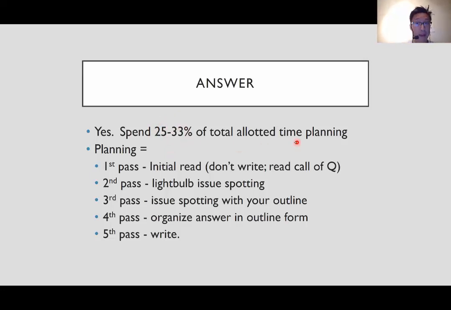Now, let me go back a second and be clear about how to do this. Very often you'll have a 3-hour exam, and the exam will be broken up into thirds, and each part of it is an hour. The planning time pertains not to the exam as a whole, but to each question.